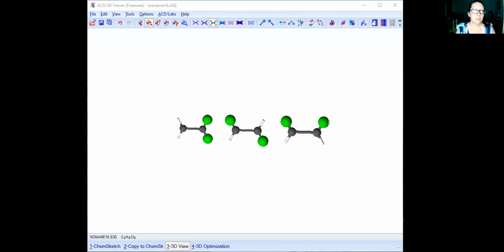Each of these would be called our 1,2-dichloroethene because the chlorines are bonded to carbons 1 and 2. And then this one here with the chlorines opposite of each other, that would be our trans isomer. And with the chlorines on the same side, that would be our cis isomer. Oftentimes we use this kind of hand gesture.